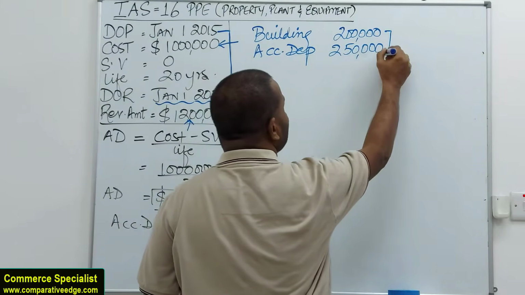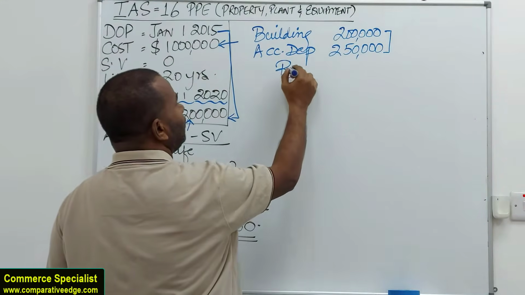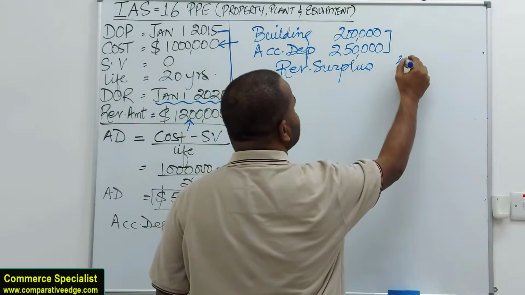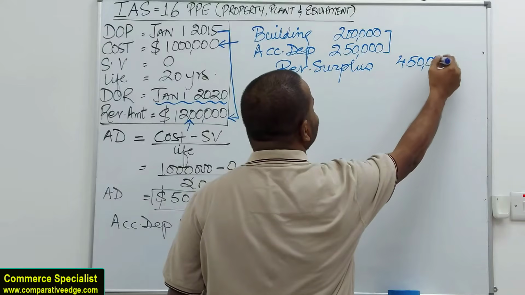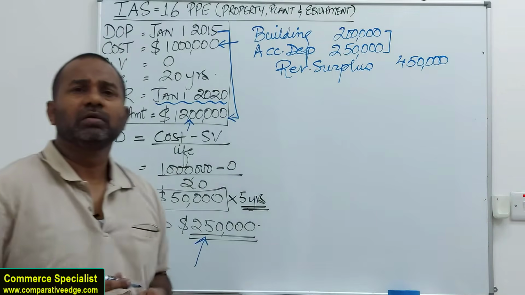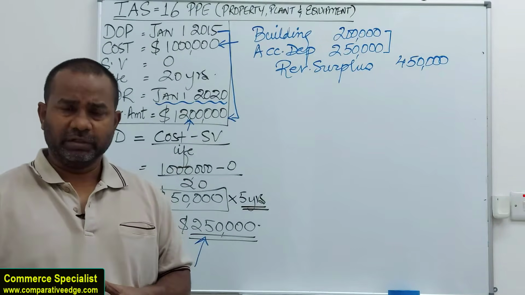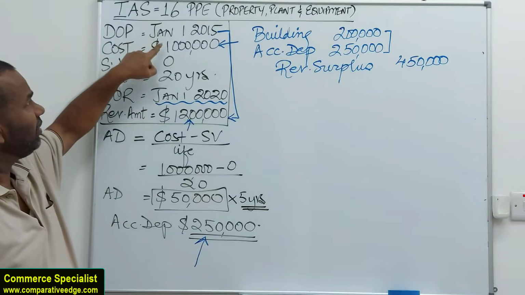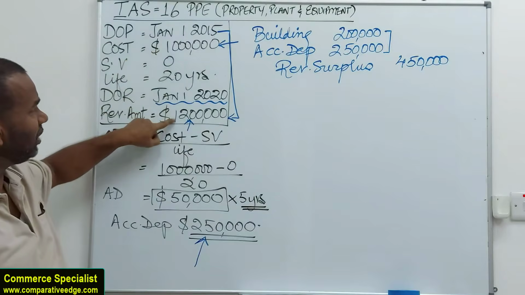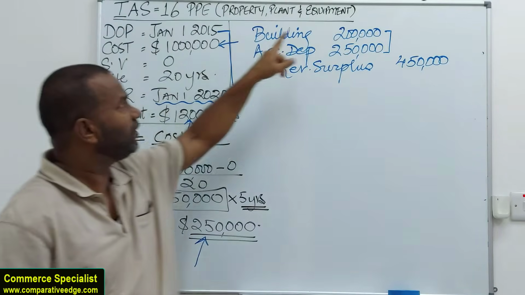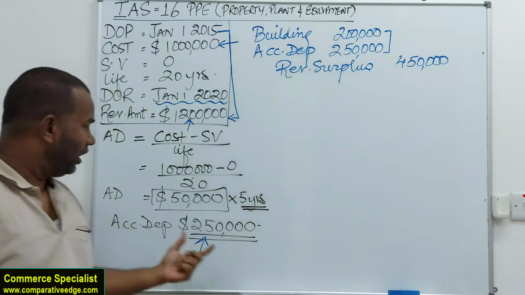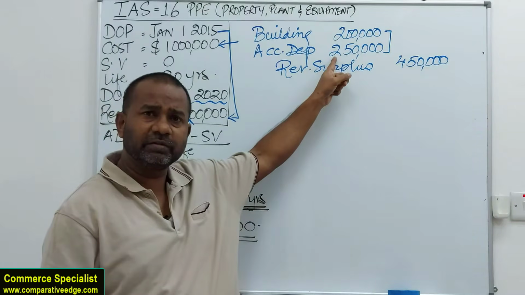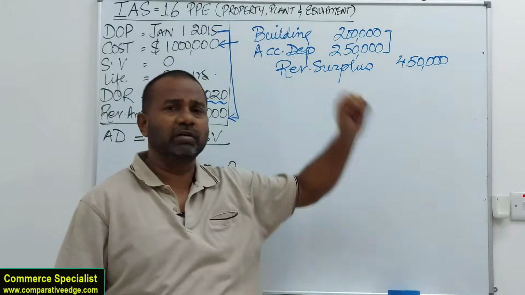And with the total of these two, I'll credit revaluation surplus, which is 450,000. So this is how revaluation is recorded. Just to sum it up very quickly, we look at the original amount, the cost of the asset and the revalued amount. It is increasing, that's why I've debited the building. All accumulated depreciation calculated is to be cancelled out, I debited it. With the total, I credited revaluation surplus.